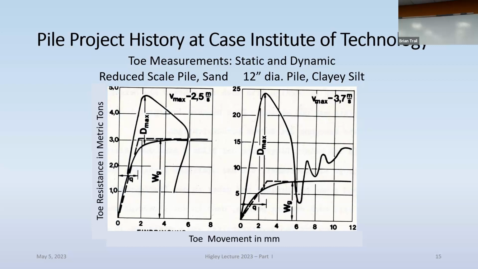So then we went, of course, to the construction sites in Toledo, where they have a terrible clayey silt, and we measured this here on a typical ODOT pile, a 12.5-inch diameter pile. And you see in that silt, we have much higher dynamic components in the beginning.